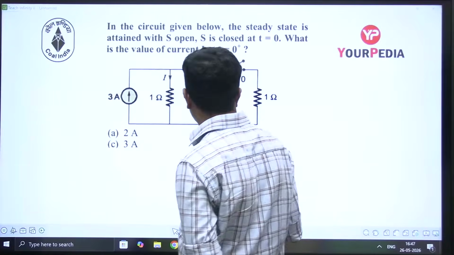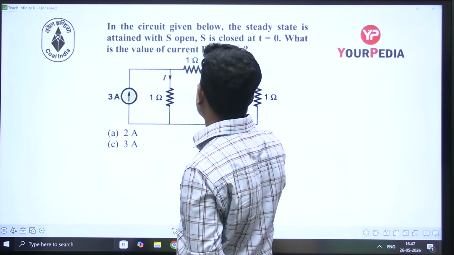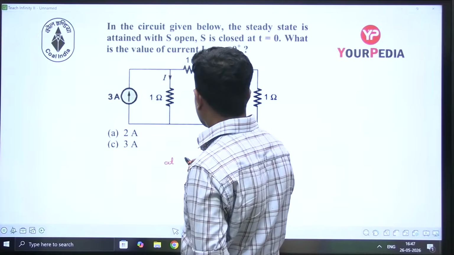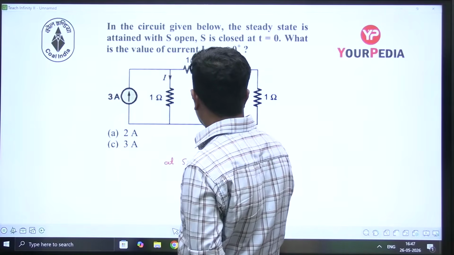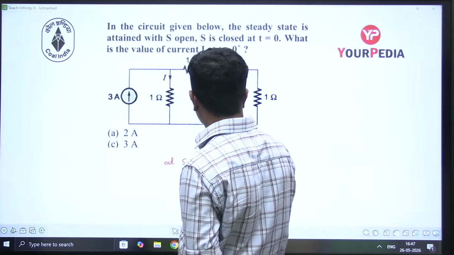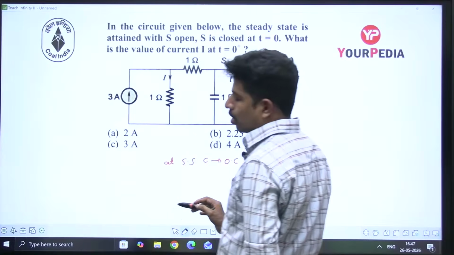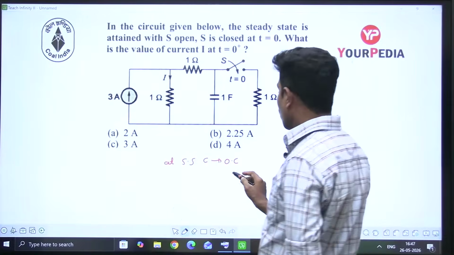At steady state, capacitor behaves as an open circuit, which is exactly opposite to inductance. Inductance behaves as a short circuit.